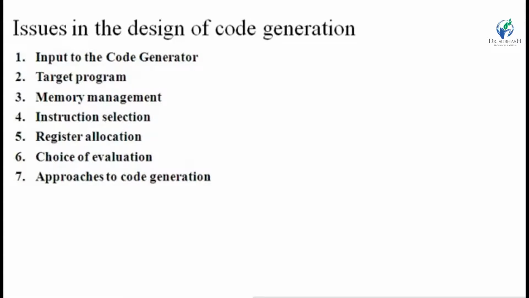Fourth one is instruction selection. If we don't care about the efficiency of the target program, instruction selection is straightforward. It requires special handling. For example, any sequence of statements like A = B + C and D = A + E would be translated into machine code like: move B, R0.